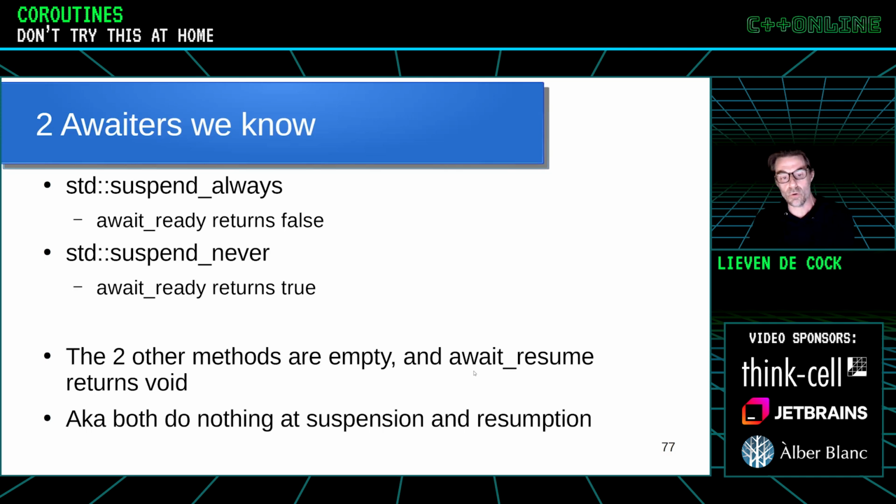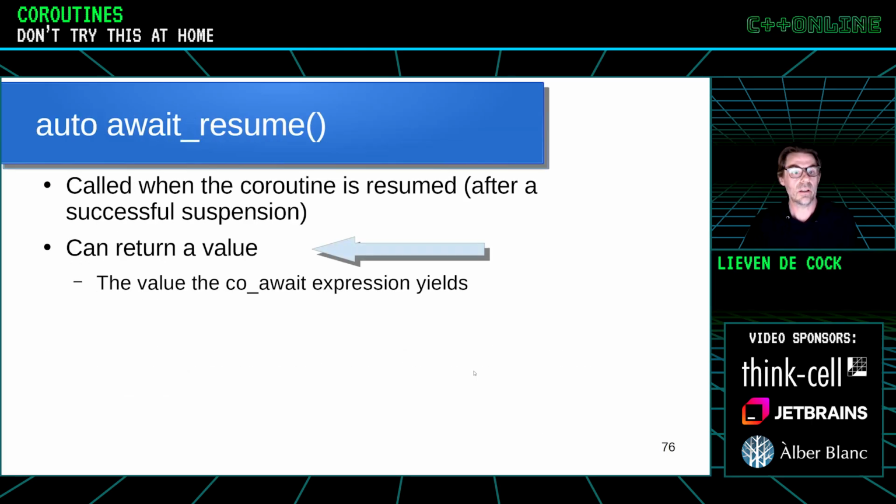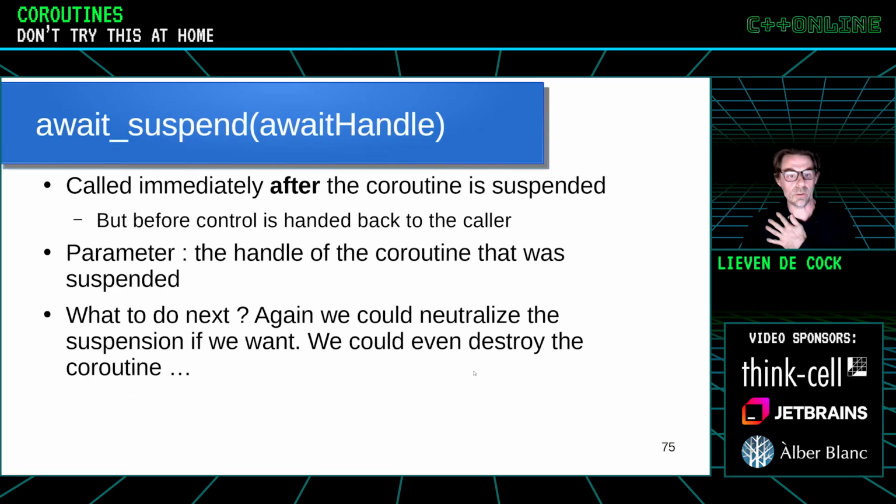Those two awaiters, of course, also need an implementation of the two other methods. Await resume, which is an empty implementation, and it returns void. So they don't do anything at suspension and resumption, in the await resume and the await suspend.